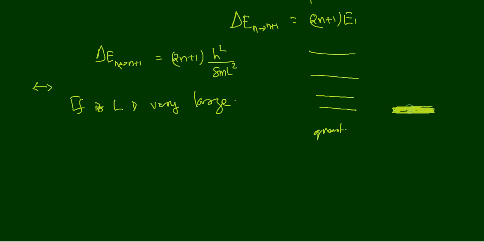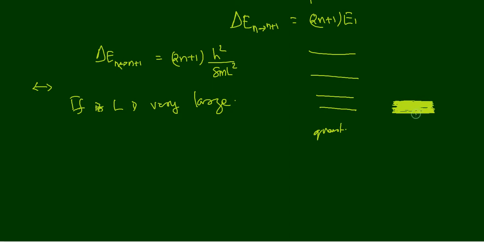It means that there is no energy difference between the successive states. What does it mean? It means that the system can sit anywhere, in any energy level, or there is no restriction on the energy. It is in a continuum, right?